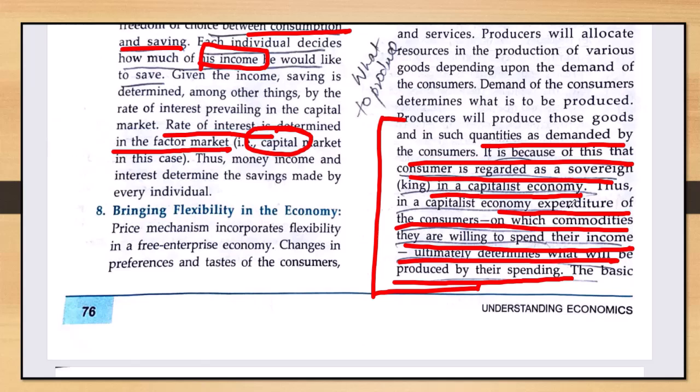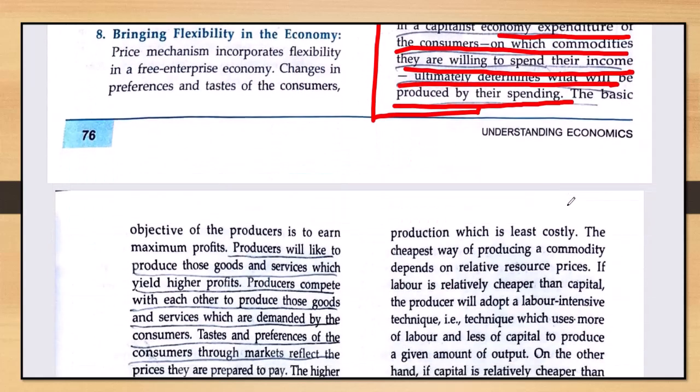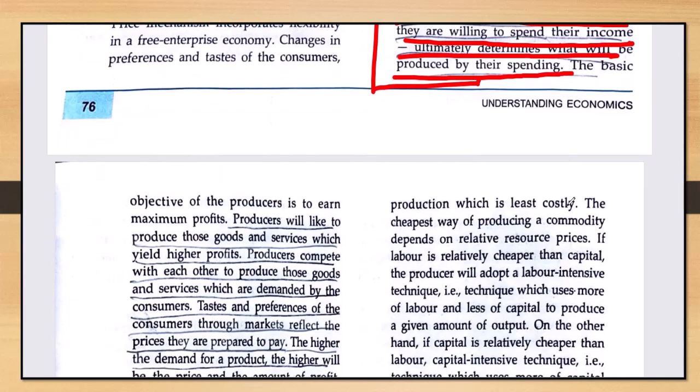Whichever commodity they want to consume, depending on their taste and preferences and the other factors which affect their demand, that particular commodity is the one which the producers aim to produce. Because if consumers demand product X, all the producers in the capitalistic market will be concentrated on producing product X only.